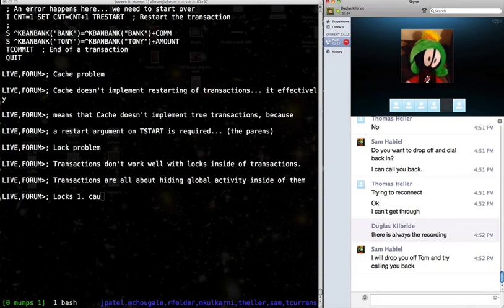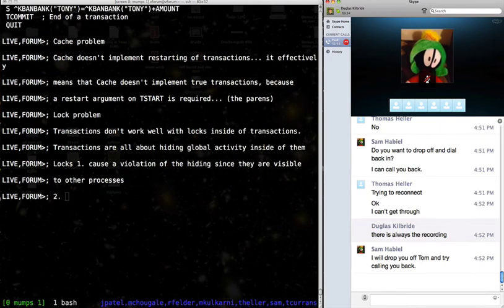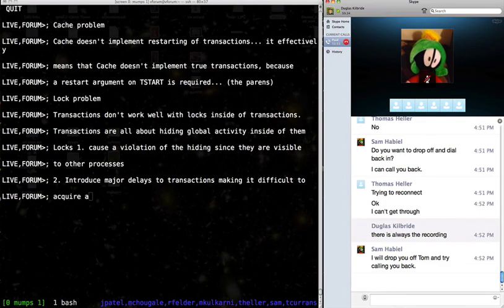Locks cause a violation of the hiding since they are visible to other processes, and more importantly, introduce major delays to transactions, making it difficult to acquire a database region to file data.